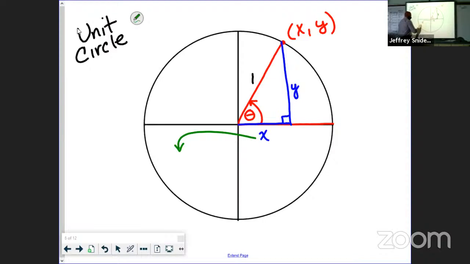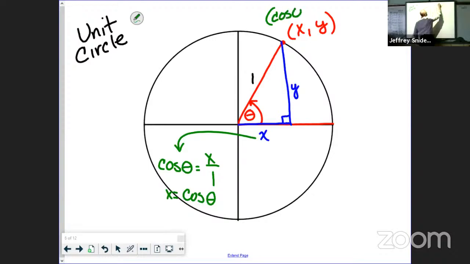That tells me that the cosine of theta is equal to x over 1, which simply means that x is equal to the cosine of theta. This right here is at cosine theta, comma. Now we'll do the same thing for y. Y is where? Opposite. So the sine of theta equals y over 1, which means y is equal to the sine of theta.